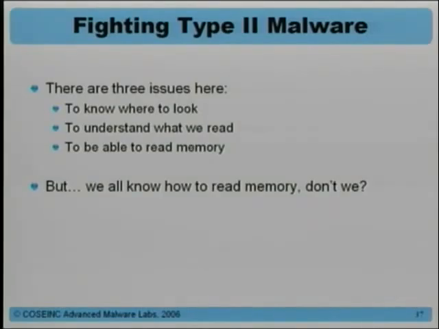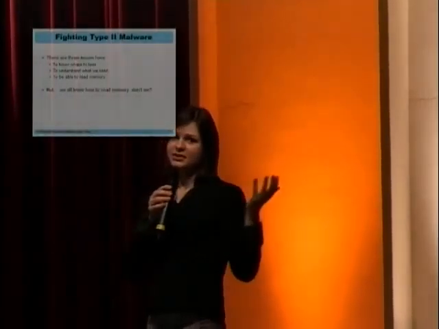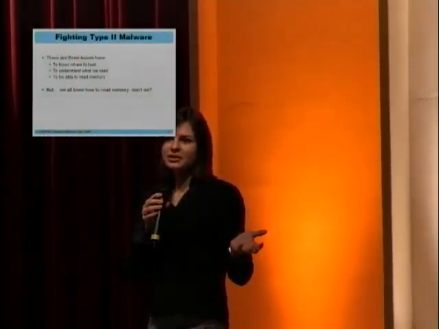Okay, the second issue is to understand what we see. So we read those function pointers, and let's say this function pointer says 0x804518E7. Does it mean a system compromise or not? Well, it depends.